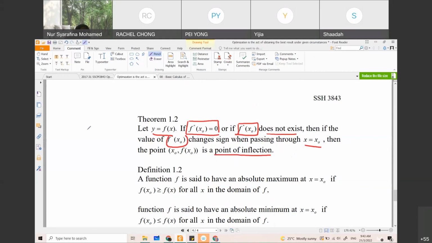Inflection, sorry, this one. When the sign changes from positive to negative, then the point here we call points of inflection. All right, clear?